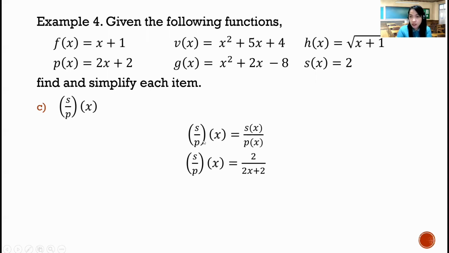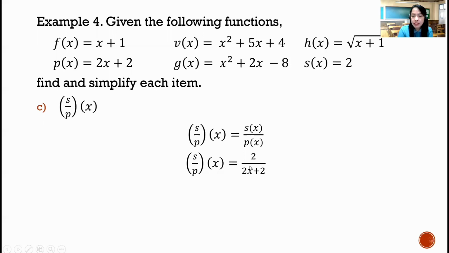So substitute the given values of the functions. So, ang s of x natin, ang value ay 2, at ang p of x, ang value niya ay 2x plus 2. So, kung may pwede pang i-simplify, simplify. Kung may mga common factor pa, both in the denominator or dividend and divisor.